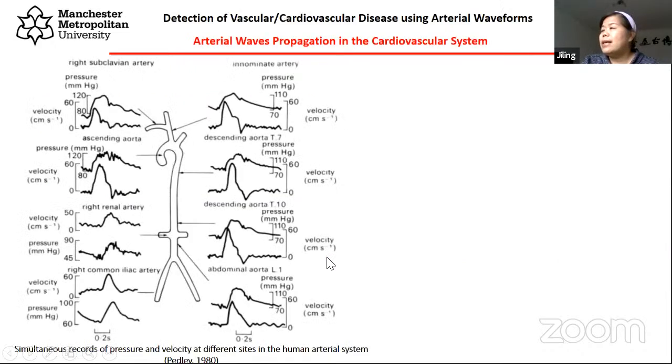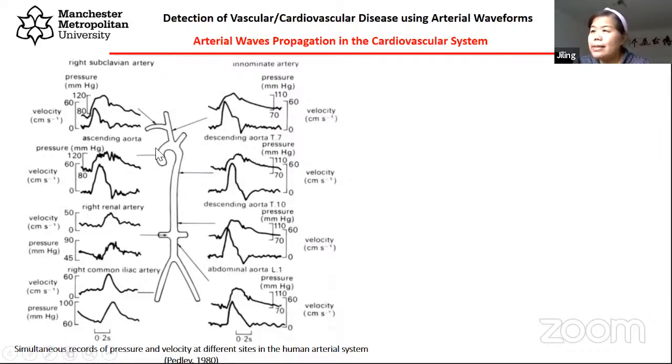Firstly, let's look at arterial wave propagation in the cardiovascular system. That is basically the background information here. In the middle part, you can see a very brief schematic of the arterial system.